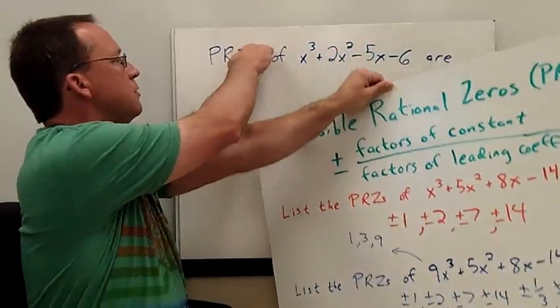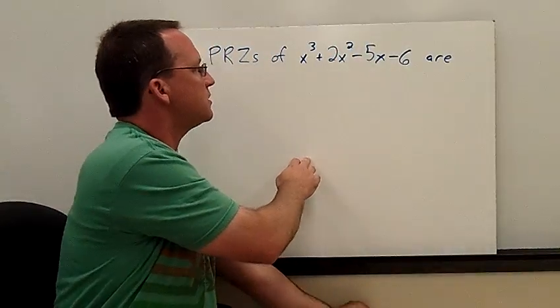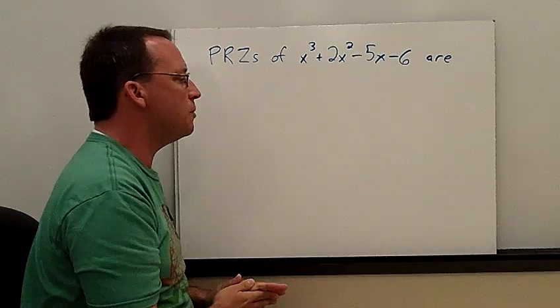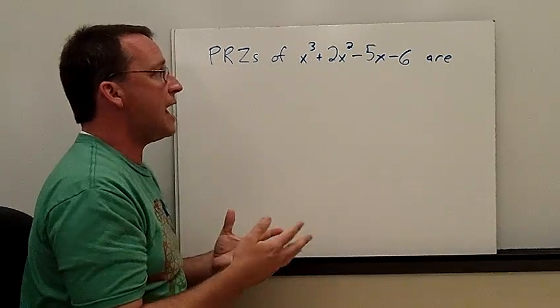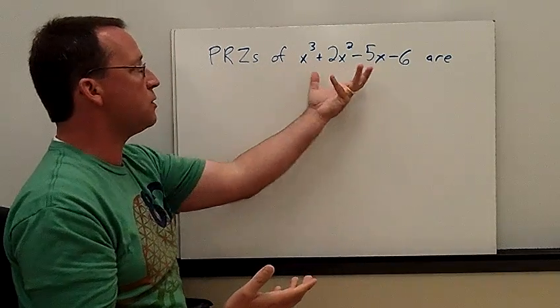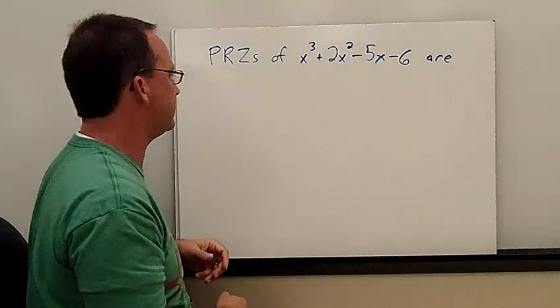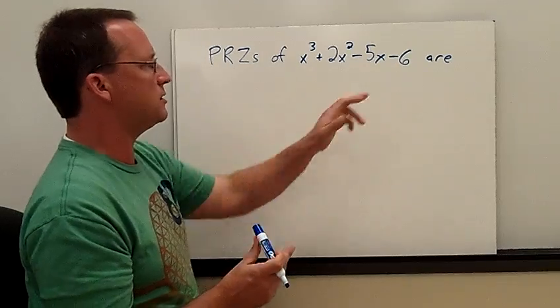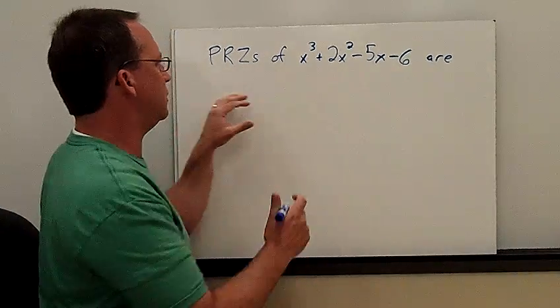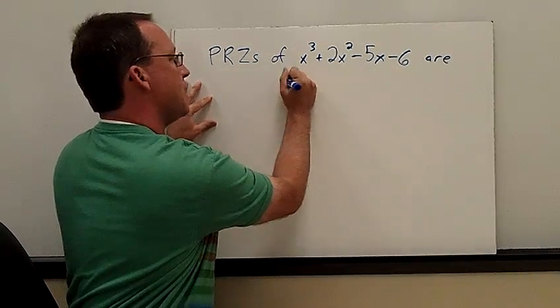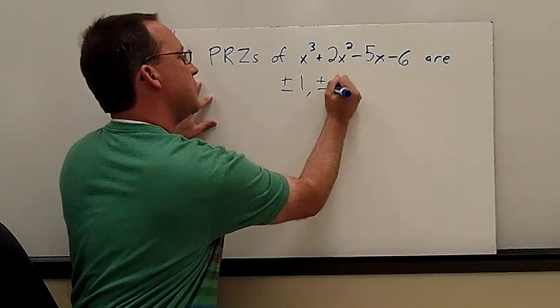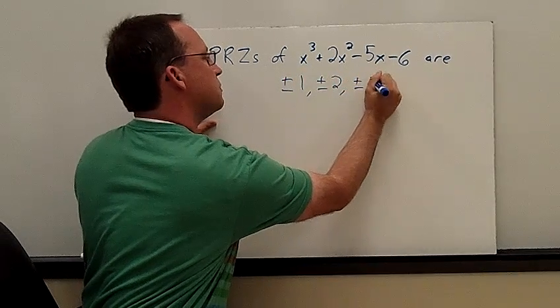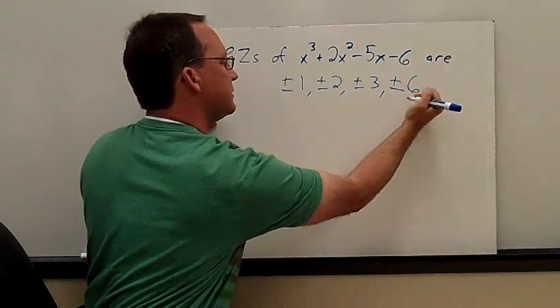We're looking to see where this expression, this polynomial, has zeros, where if I did y equals this, our graph would cross the x-axis. So I'm going to list out my PRZs. Well, it's all the factors of 6. So plus or minus 1, plus or minus 2, plus or minus 3, plus or minus 6.